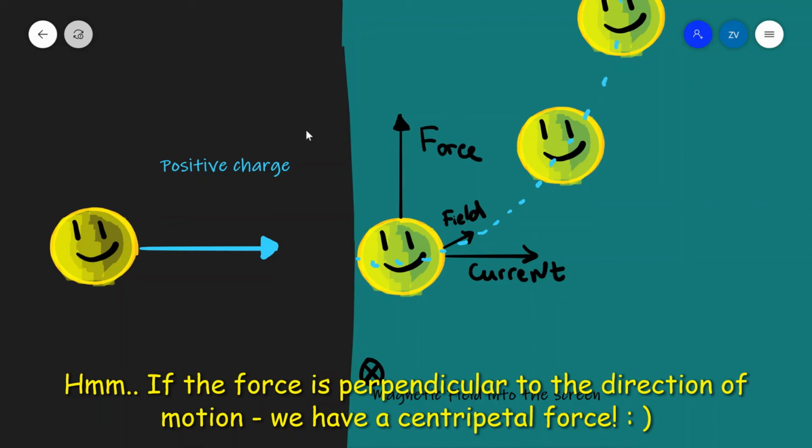If the force is perpendicular to the direction of motion, this means that this positive charge will be forced to move in a circle, because anytime we have a force which is perpendicular to the direction of motion, for instance, gravity in an orbit, or the tension force when we spin something on a piece of string, then this object will enter into circular motion, and this force will be a centripetal force.